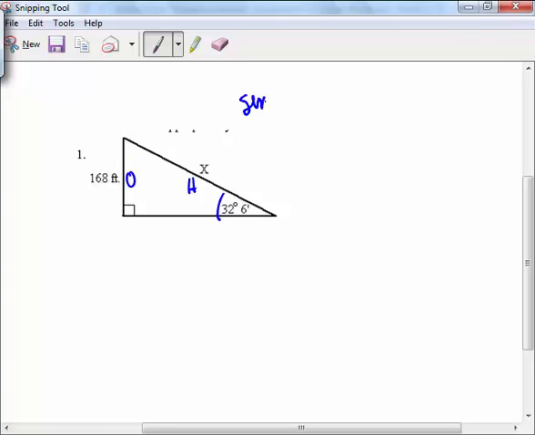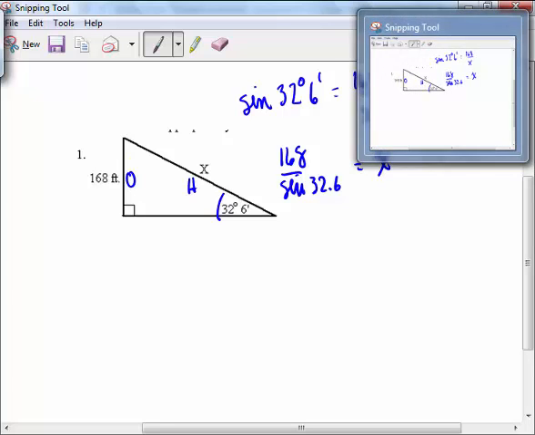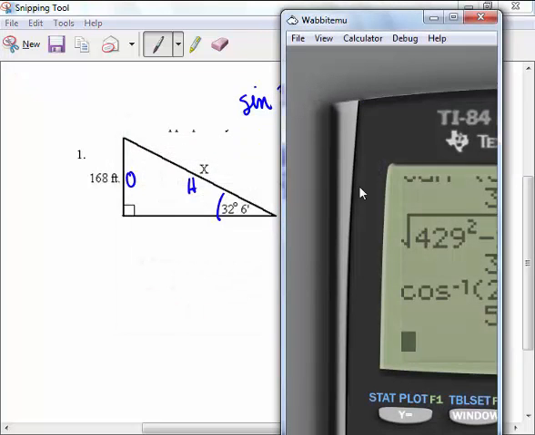We would say the sine of a 32 degree 6 minute angle is opposite 168 over hypotenuse x. Let's make it x rather than h. And so we take 168 divided by sine 32 degrees 6 minutes, and that will be x.